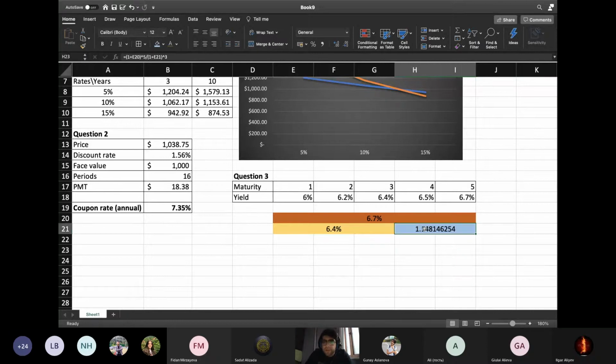This number is not from a square root, so we should take the square root of it because it is to the power of 2. Let me write a square root here and minus 1.